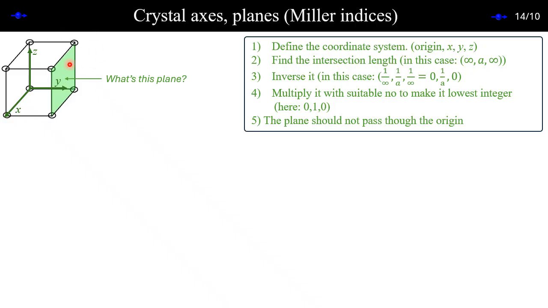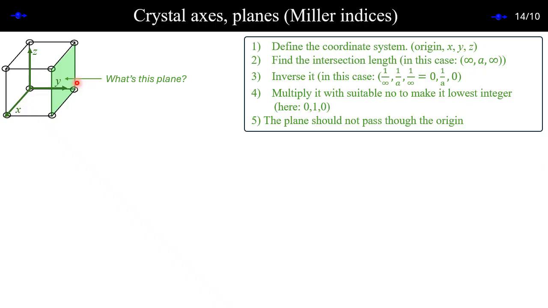Then for whatever plane you have, find the intersection lengths. If the atomic spacing is a, what is the intersection? Along x, no intersection, so infinity. Along y, a. Along z, infinity, right? Then invert them. What do you get? 0, 1/a, 0. Then multiply by a suitable number such that you get integers. Here if I multiply by a, I get 0, 1, 0. So this plane is defined as the (0 1 0) plane.